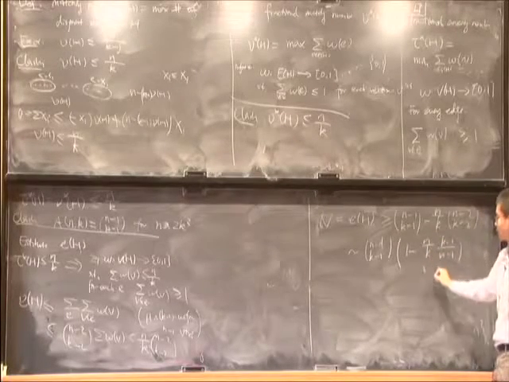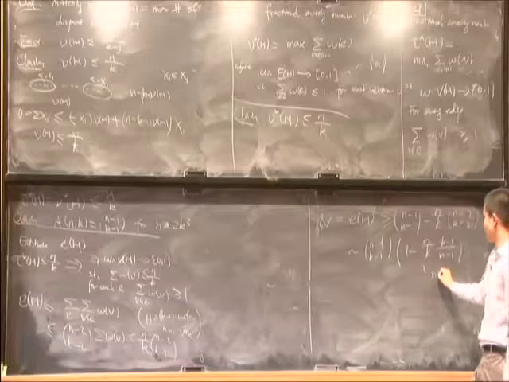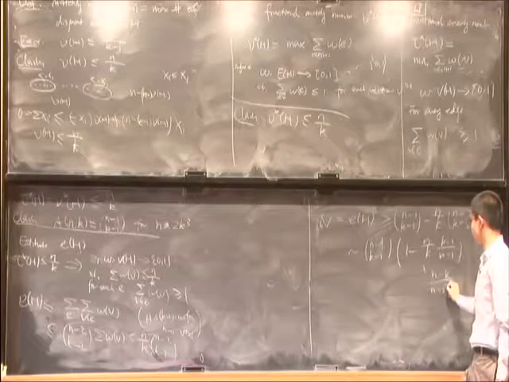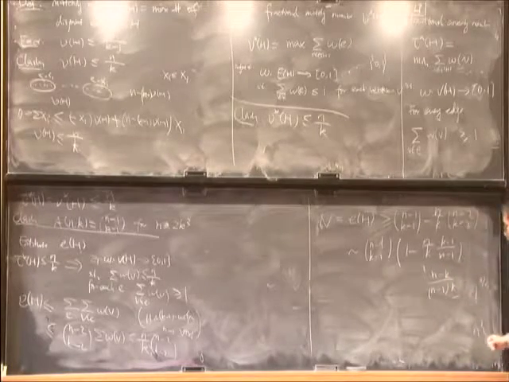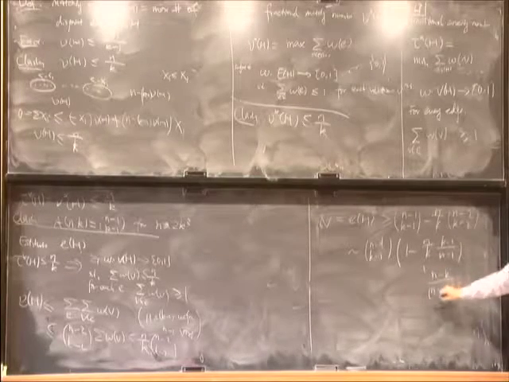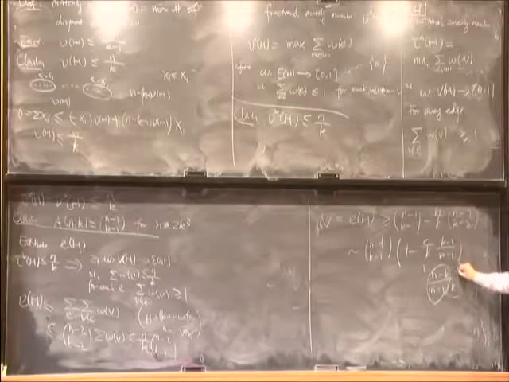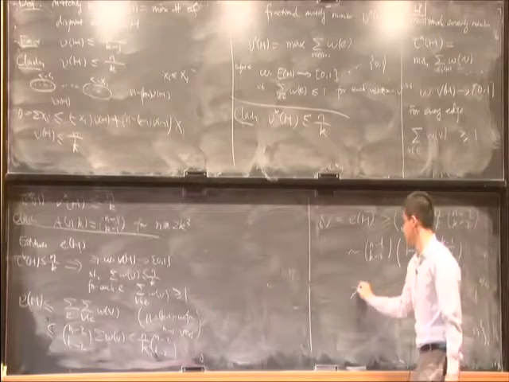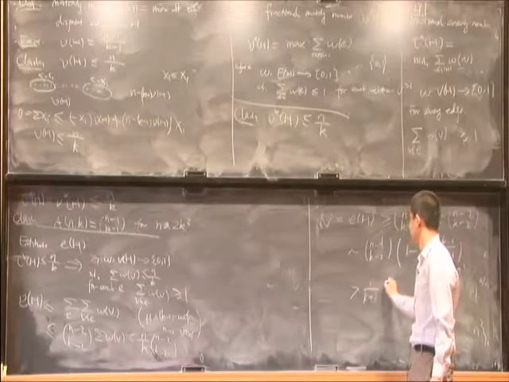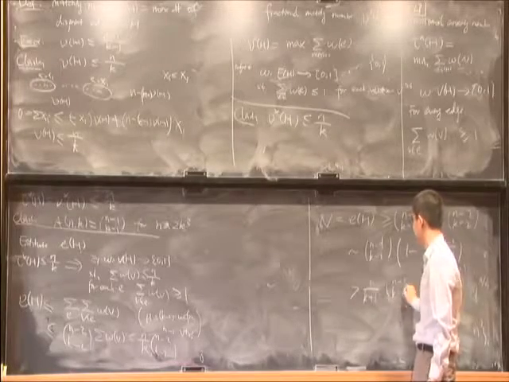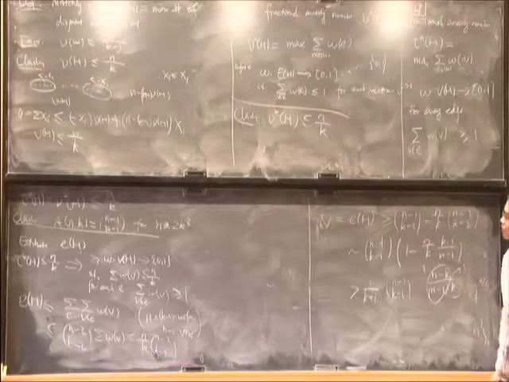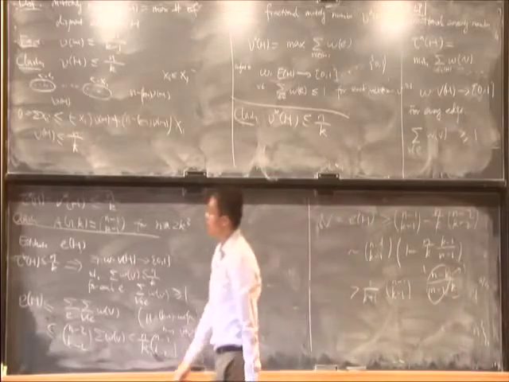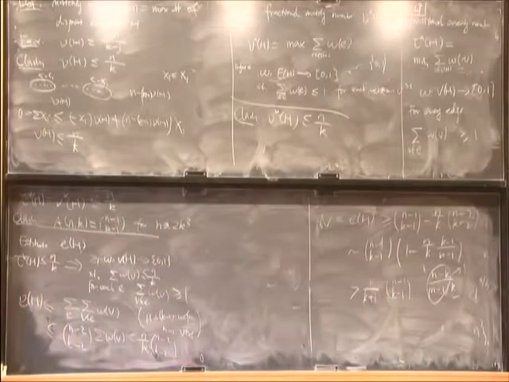And this is equal to (n minus k) divided by ((n-1) times k). So when n is really large, this basically goes to 1, and then you can show this is greater than, let's say, 1 over (k plus 1) times (n-1 choose k-1).